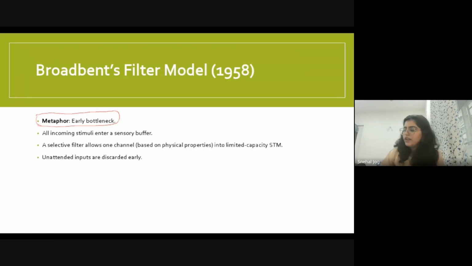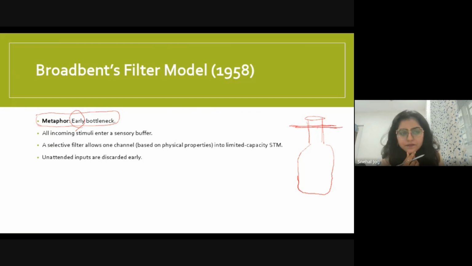Why is that so? Imagine a bottle being like this. There is a neck and there is a bottle, right? So Broadbent's filter theory is called the bottleneck theory as well, and specifically early bottleneck. Okay, somewhere here. Now, why is that so?